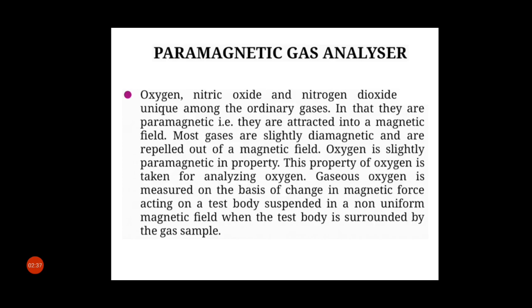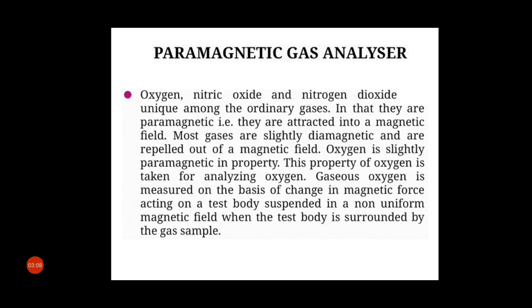Most gases are slightly diamagnetic and are repelled out of a magnetic field. Oxygen is slightly paramagnetic in property. This property of oxygen is taken for analyzing the percentage of oxygen present in the sample.